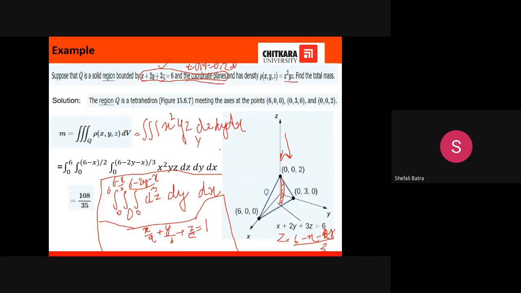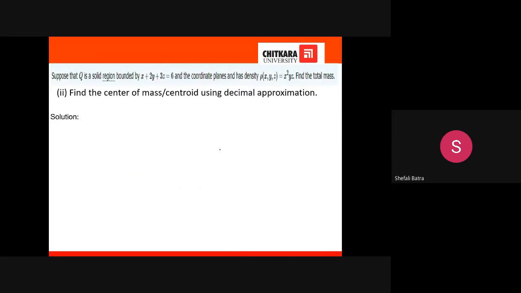We have this formula: x bar is moment along the yz plane upon mass, y bar is moment along the xz plane upon mass, z bar is moment along the xy plane upon mass, right? The mass you have already calculated, and the answer is, remember this, 108 upon 35. So now you need Mxy, Mxz, Myz. Okay, we'll be finding Mxy first.